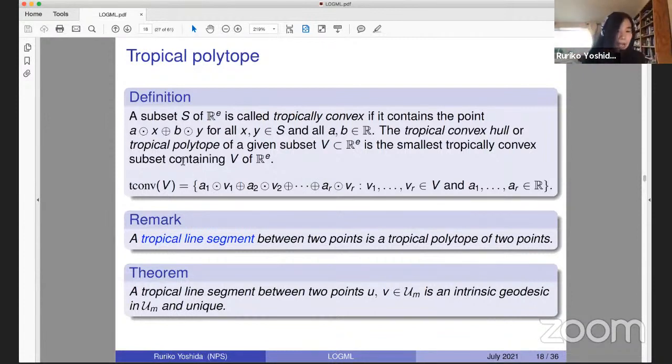I'm going to talk about tree space in a second, but first a little fact. Tree space is such a difficult space.